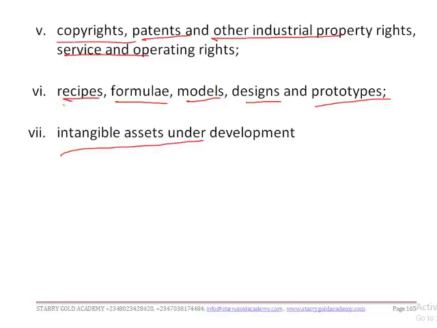Take for instance recipes, formulas, models, designs and prototypes. If you are into production, the recipes you use, followed by the formula, the methodology you are using, the models and designs, all these are your critical success factors, and they are intellectual property to your organization.